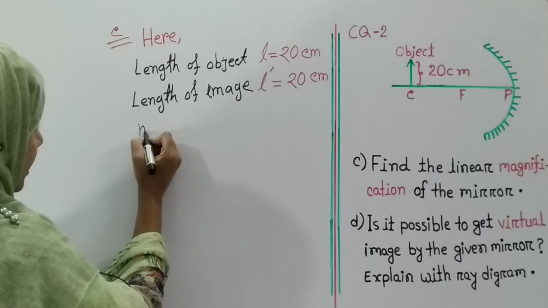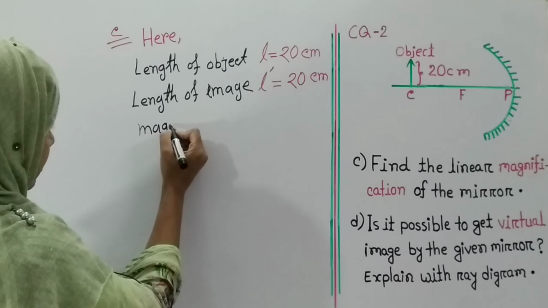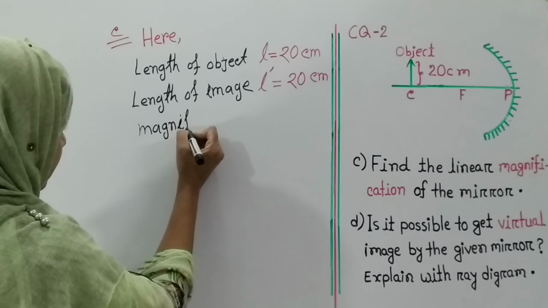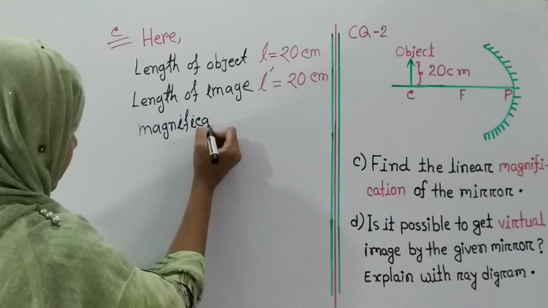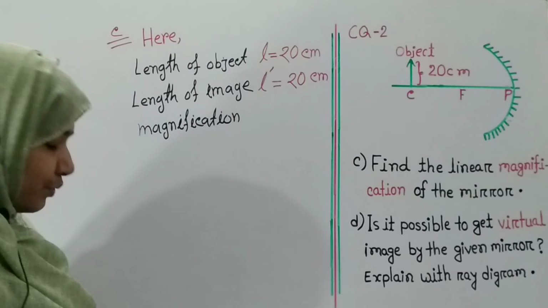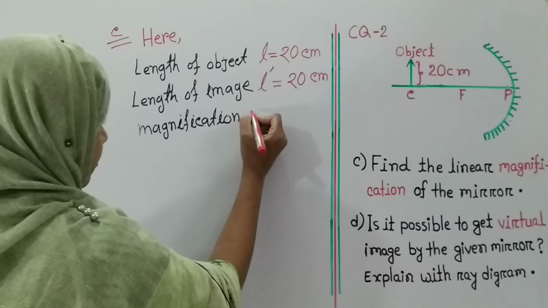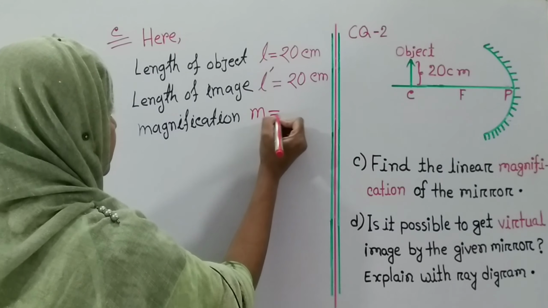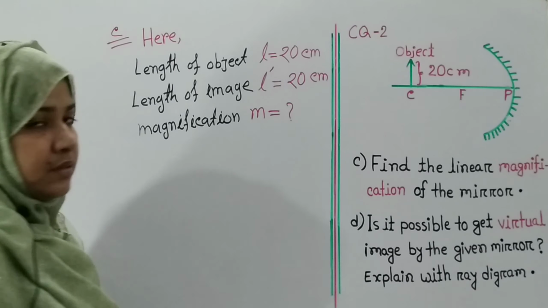That means magnification, which is denoted by M, equals what?